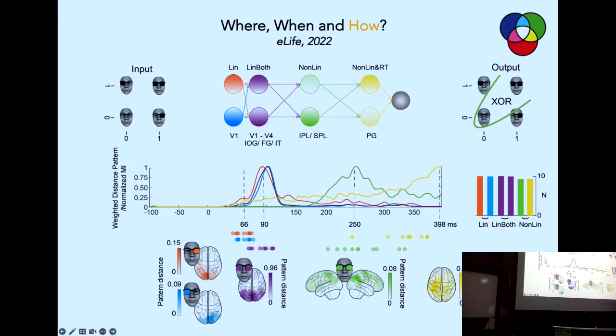And we find early on, as you can see here, in occipital cortex, representation of each eye, in the right fusiform gyrus, representation of the two eyes, and then in XOR, at around 250 milliseconds in parietal region, the solution to the XOR problem for behavior.